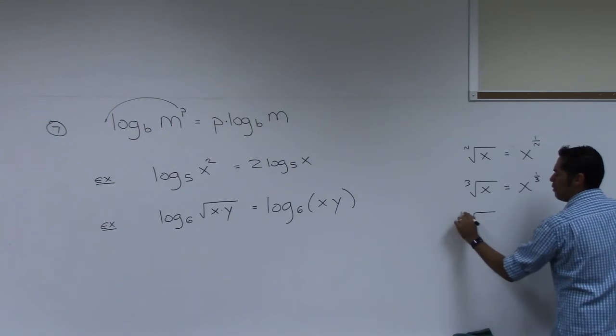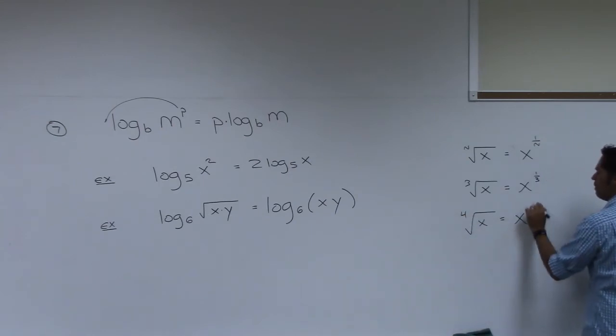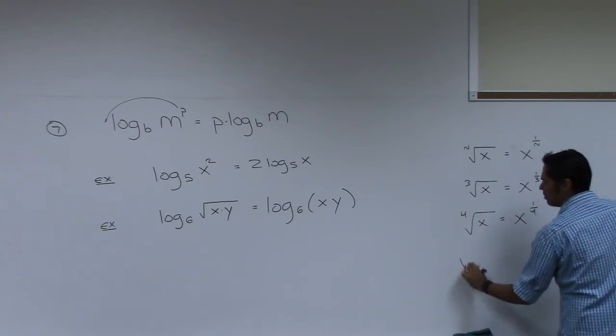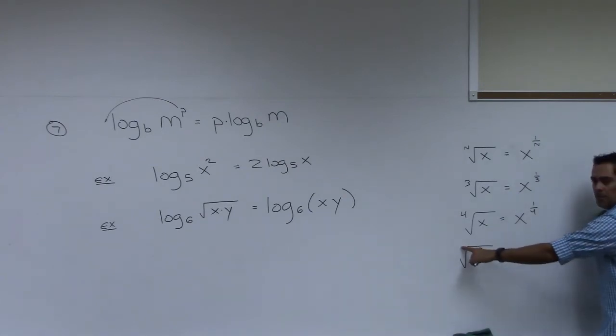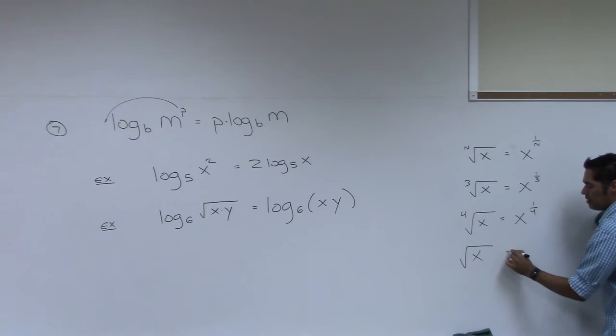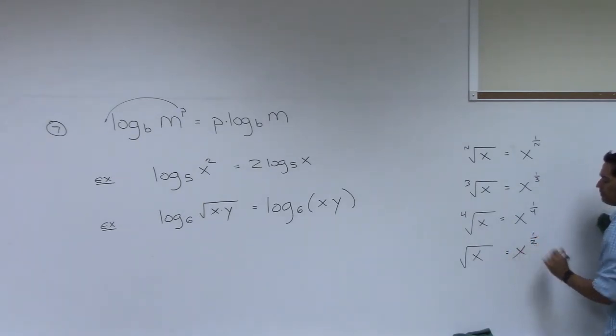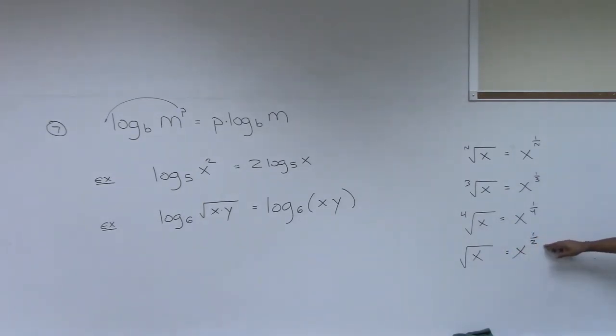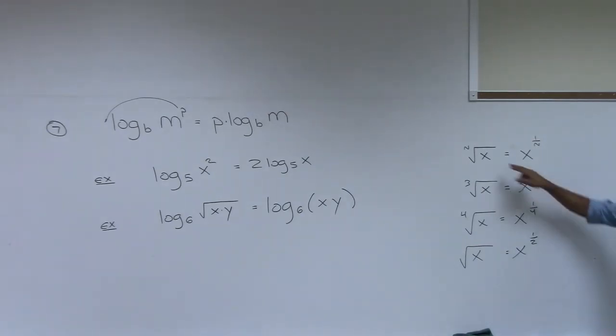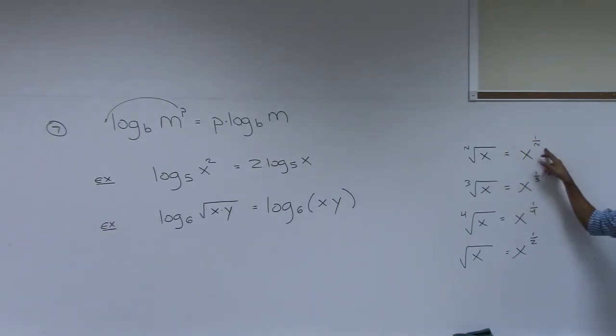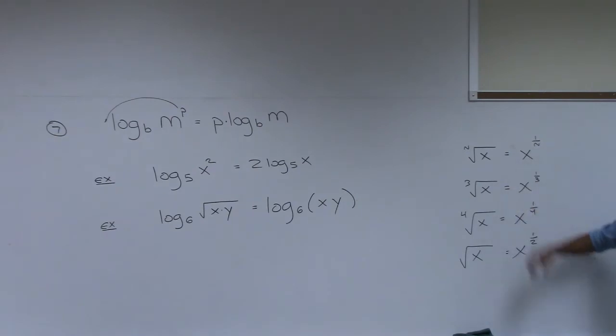If you have the fourth root of x, this is x to the 1/4. If you have the square root of x, we don't write it, but what number's out here? A 2. So this is why it's x to the 1/2. Right, these are properties of exponents, and these are called radical expressions and rational exponents. This is how they're related to one another.